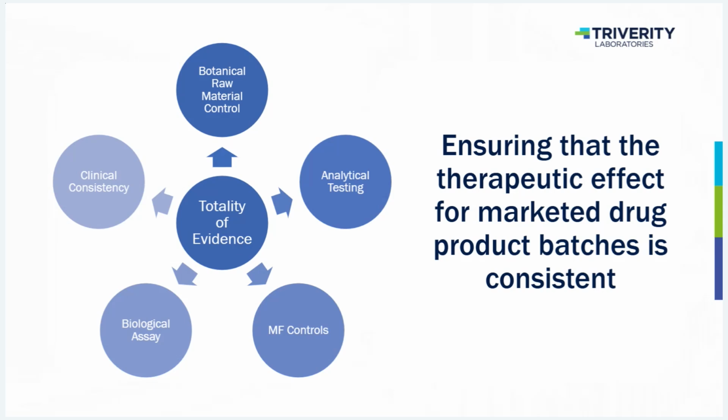And so you take all of that, you tie the botanical raw material controls, the testing, whether it's analytical chemical testing or biological assays, and you tie that to the clinical results to show that if we operate within this space, and if our product looks like this, then we should have a consistent therapeutic effect.